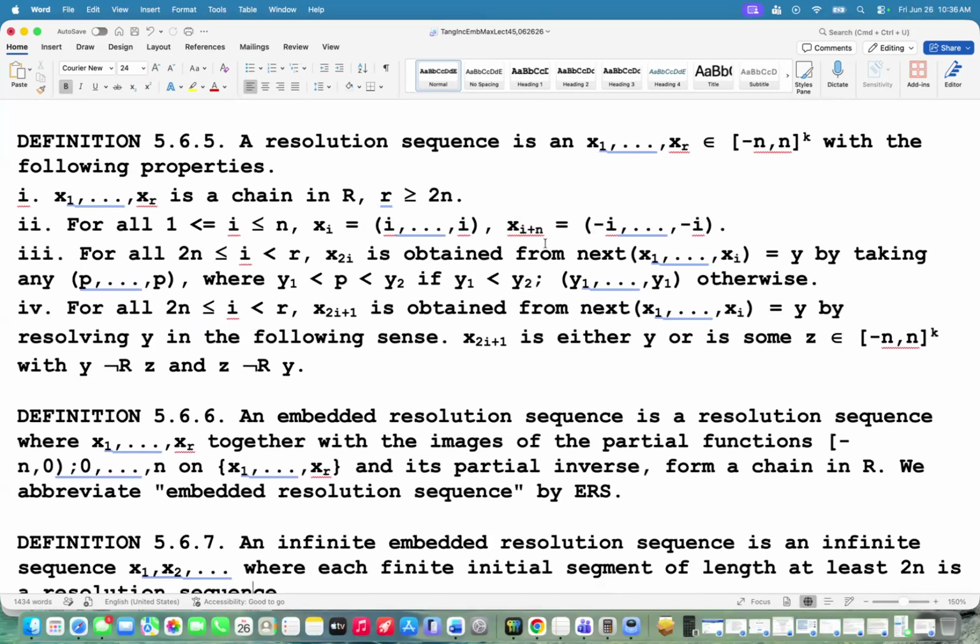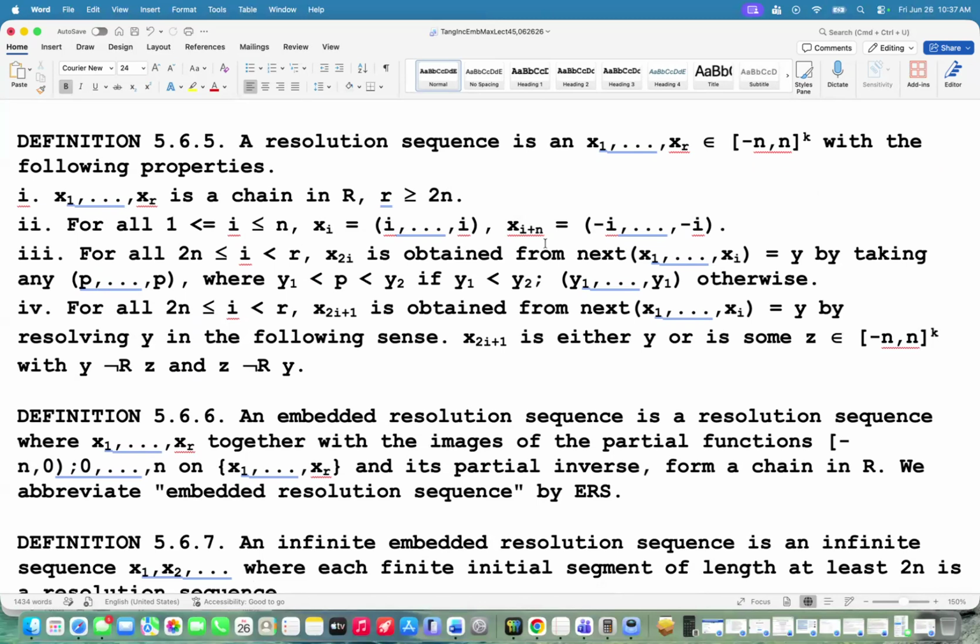So x2i plus 1 is obtained from taking the next and resolving the next in the following sense. x2i plus 1 is either y or blocks y.